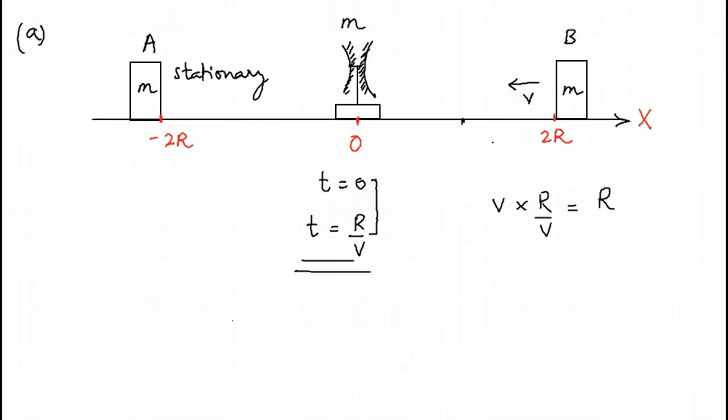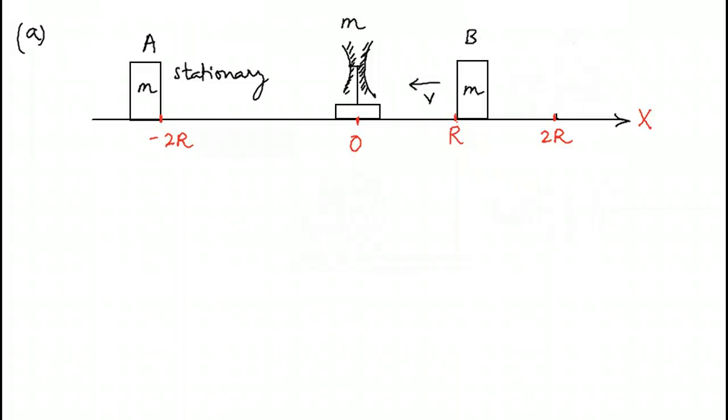So its new coordinate would of course be r in place of 2r. So I'll show this block B in this position over here at an x coordinate r, and now we actually do the calculations. We find out where the respective images are.